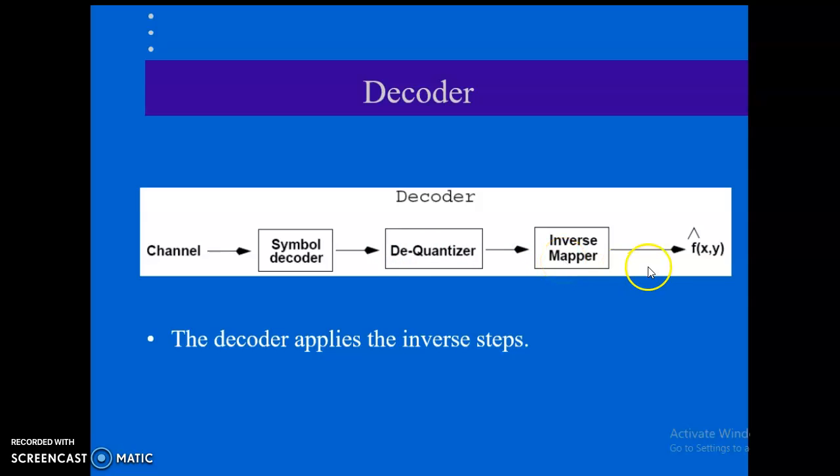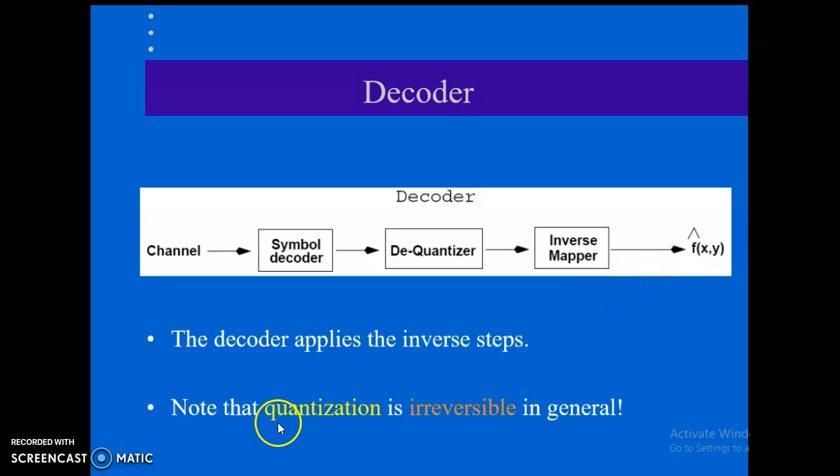The inverse mapper output is our total output, that is, the decompressed output f cap of x, y. The decoder applies the inverse steps, so after the compressed image, the original image comes back. Note that quantization is irreversible in general.